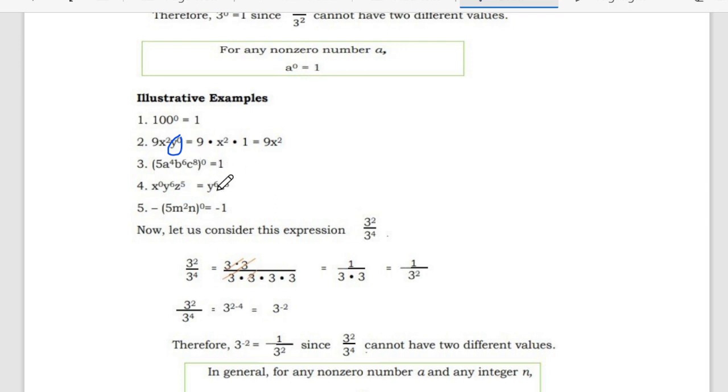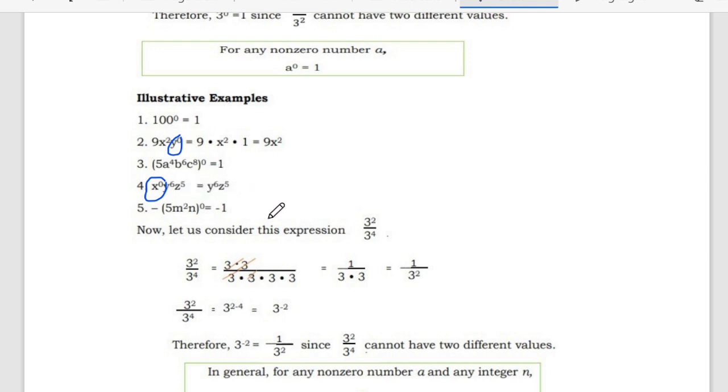Then another is the quantity raised to 0. Since the exponent of the whole quantity is 0, the value is just equivalent to 1. Another, expanding this will become x raised to 0, y raised to 6, and z raised to 5. Since x raised to 0 is already 1, what remains is y raised to 6 and z raised to 5.